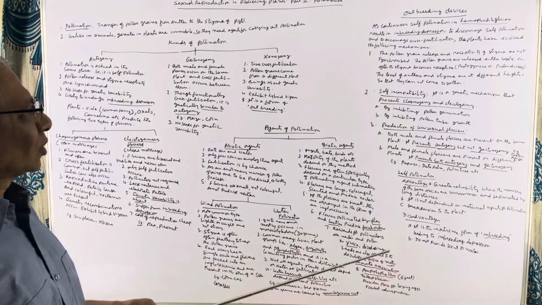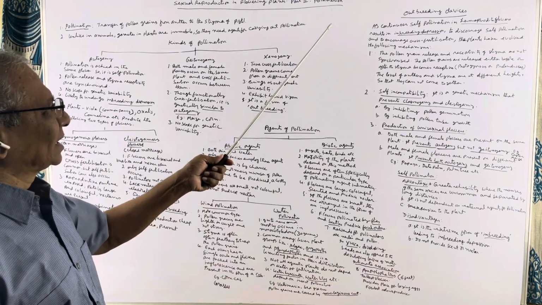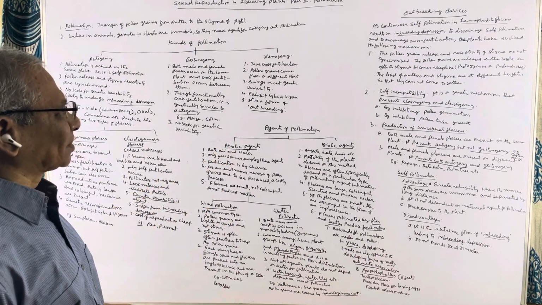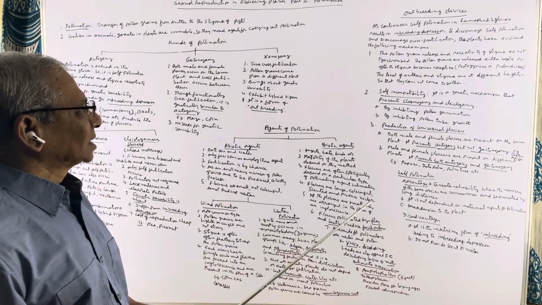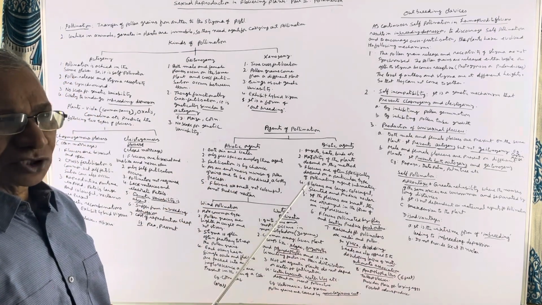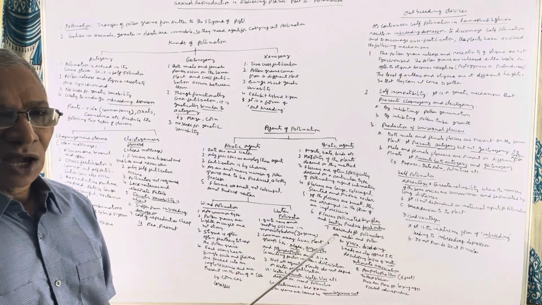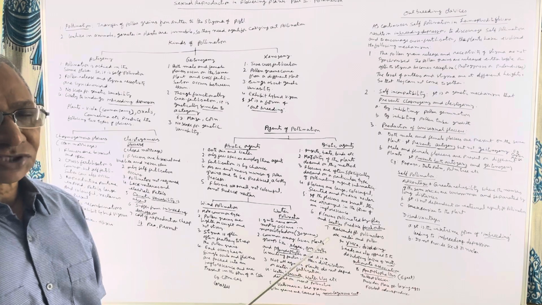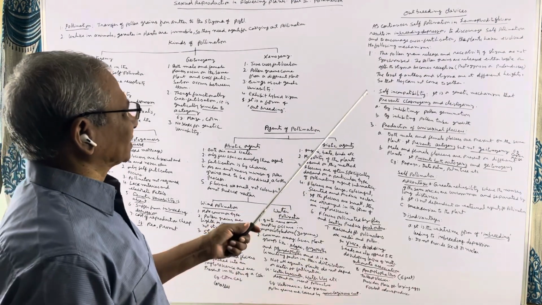Outbreeding means cross-pollination. That means self-pollination has to be avoided at any cost. That's why plants have developed a variety of devices.